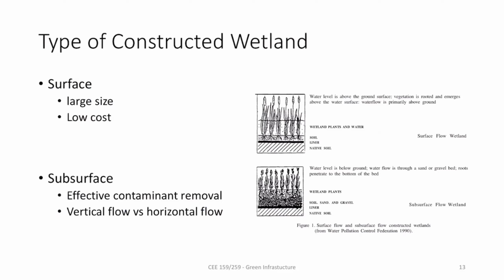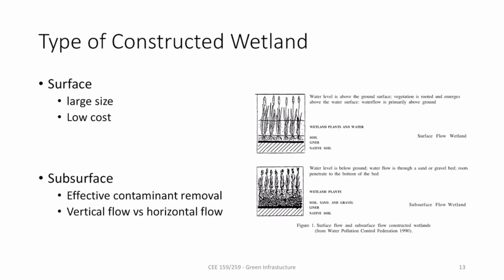In the subsurface, it's like biofilters, but it moves horizontally from one end to another. That's why it doesn't require that much space, because your contaminant removal is not dependent on the interaction at the sediments. It goes through the entire soil, so it filters more of the pollutants.